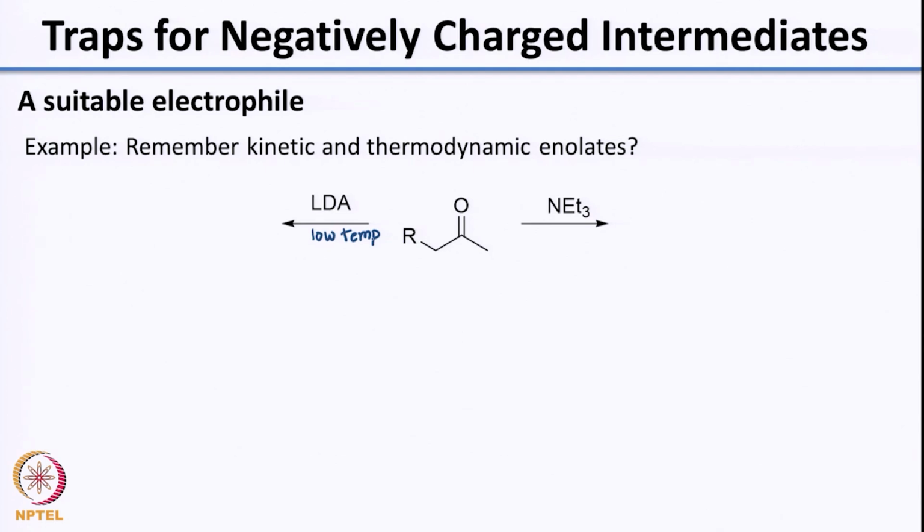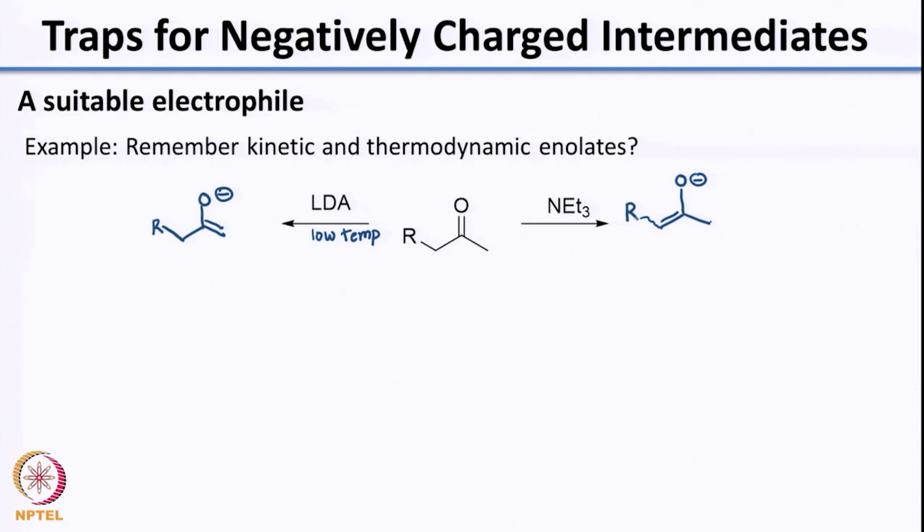So the kinetic enolate will deprotonate at the less hindered site. So what you would get would be, and the thermodynamic enolate would be, so I am drawing the squiggly line because the stereochemistry will not be clear of the double bond that is formed.